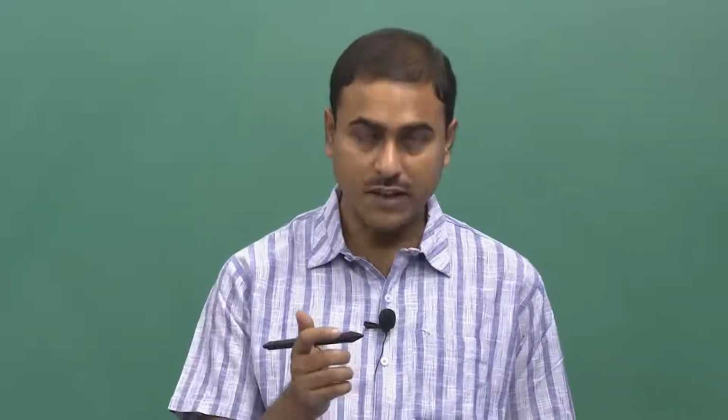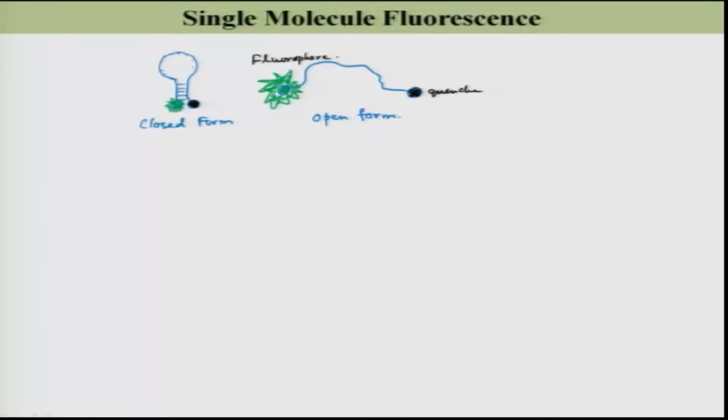So, if I now draw the fluorescence intensity of the closed form and open form, let us say this is the fluorescence spectrum of the closed form, lambda emission versus intensity, this is the closed, and let us say this is the fluorescence intensity of the open form.